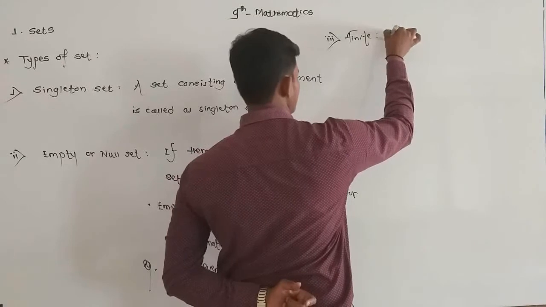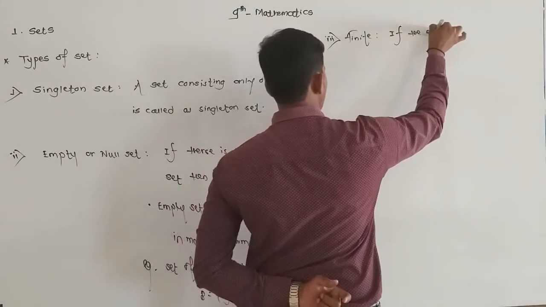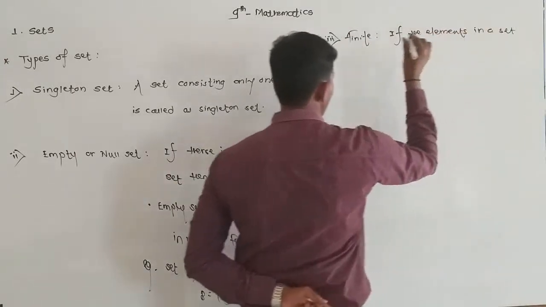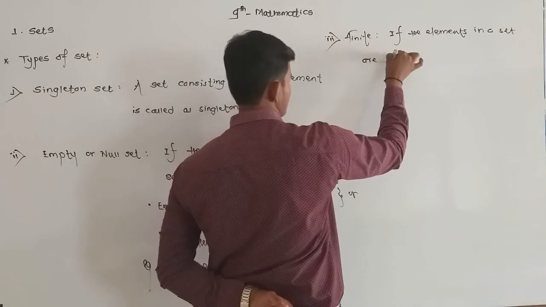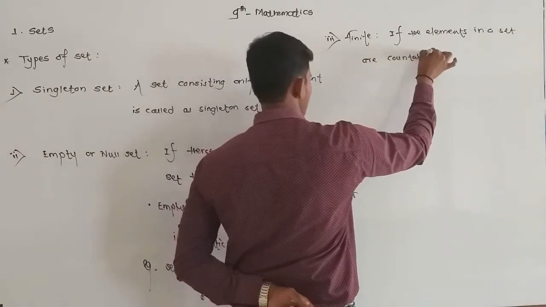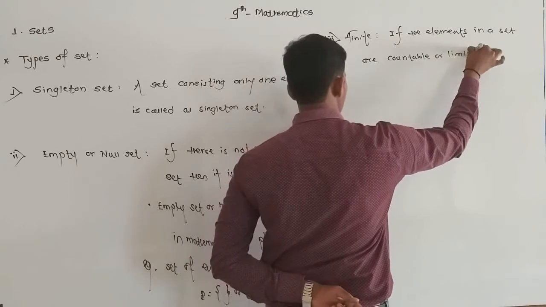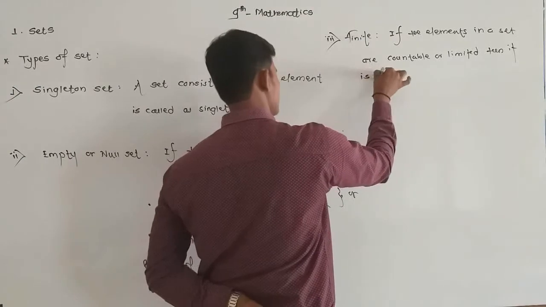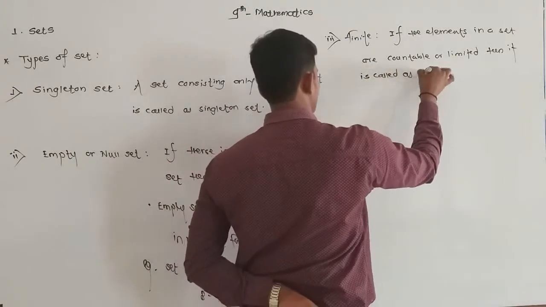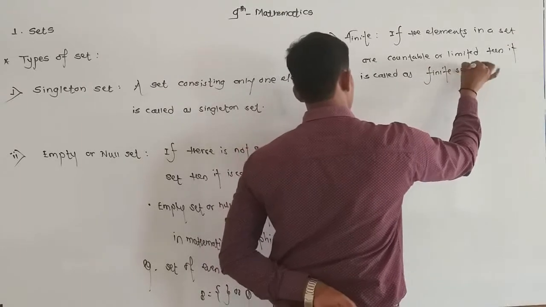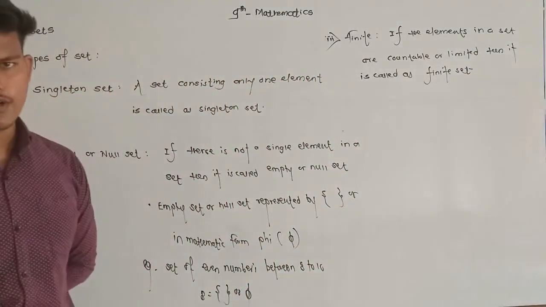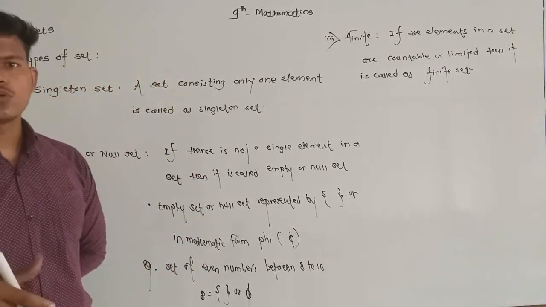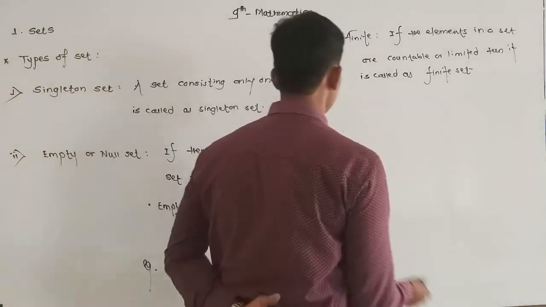If the elements in a set are countable or limited, then it is called a finite set. Finite is nothing but limited or countable. So if the elements in a set are limited or countable, जर set मधले element आपण count करू शकतो, then it is a finite set.